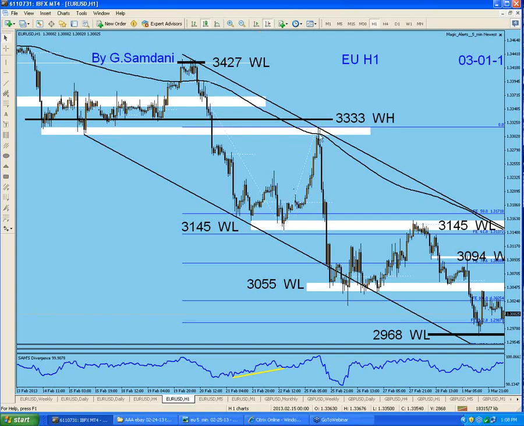Price went in there, and then I got out from the long, and you can see right in front of your eyes how nice a rejection is. A 1 hour bearish candle comes out of that and closes way below. The wick is on the top, and at the bottom there is no wick. It's a solid rejection from that area, which means we are going down again. So what do you do?